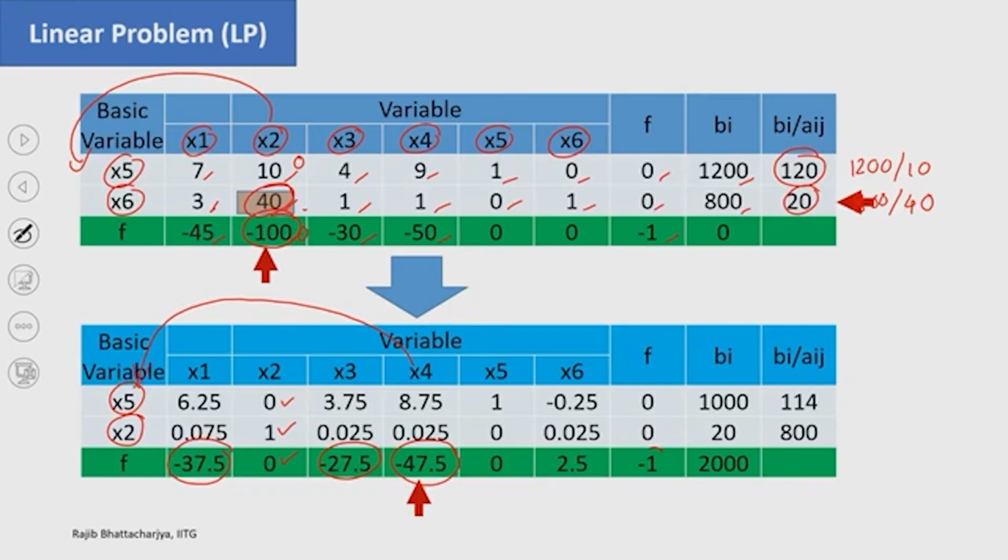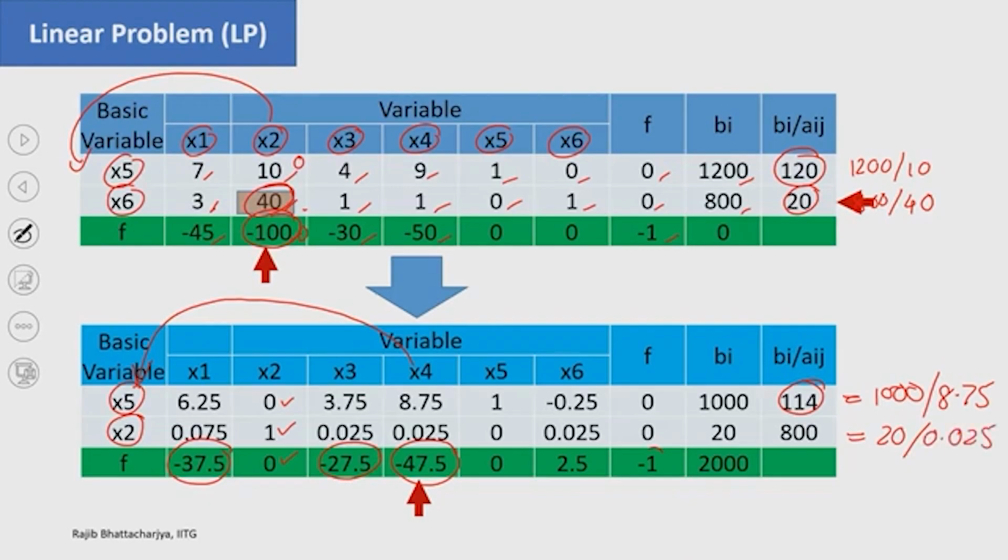Now, whether x 4 will replace x 5 or x 2. So, let us look at the ratio here. The ratio here is 1000 divided by 8.75, so I am getting 114, and the second one is 20 divided by 0.025.